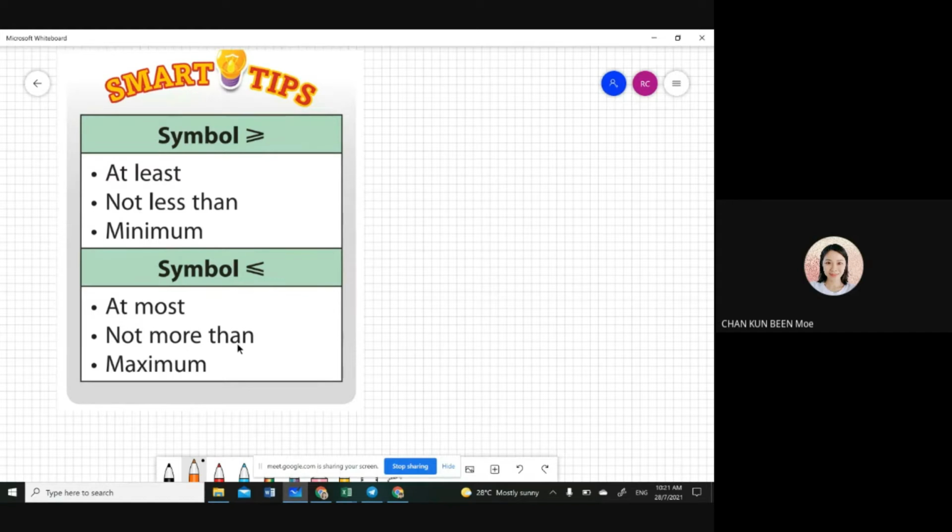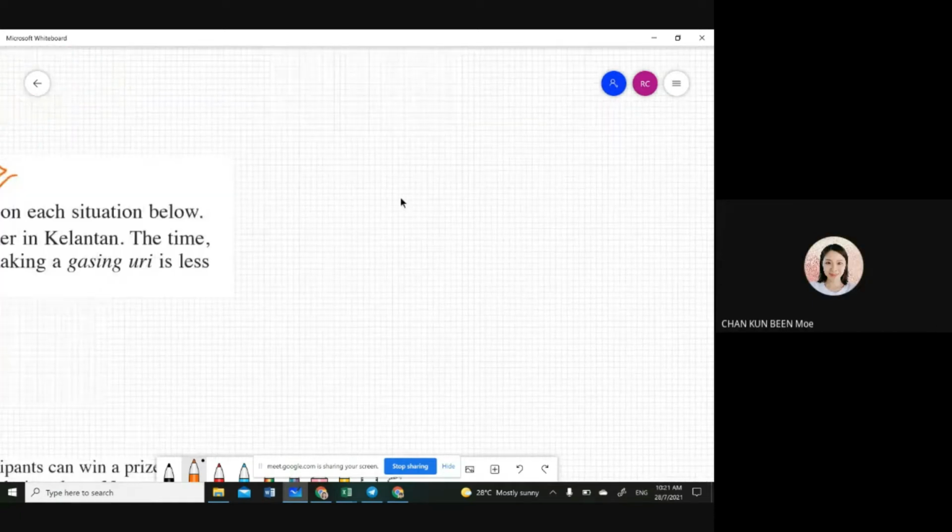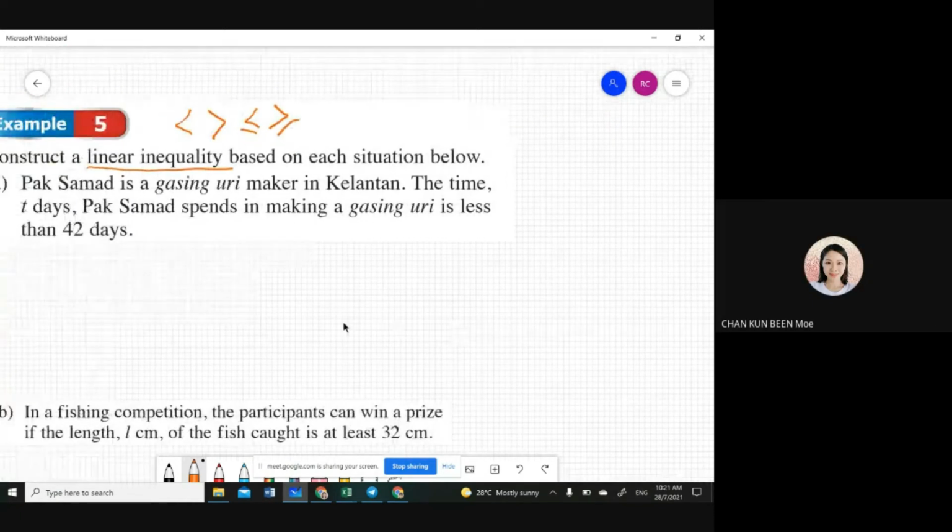Not more than 80 marks, meaning less than or equal to 80 marks. The maximum mark he scored is 80. It can be 80, 79, 78, and so on. Understand, class? Yes. Okay, now we try to see the situation given here.